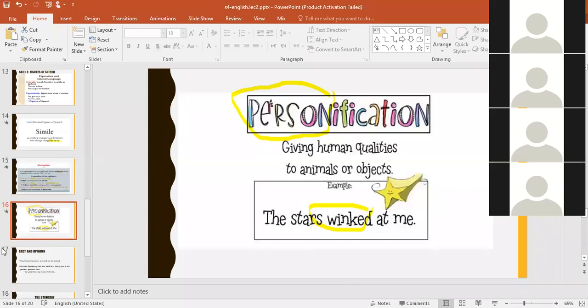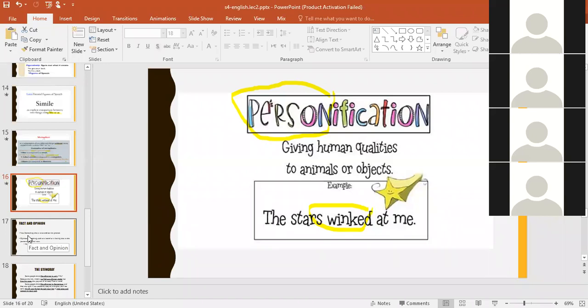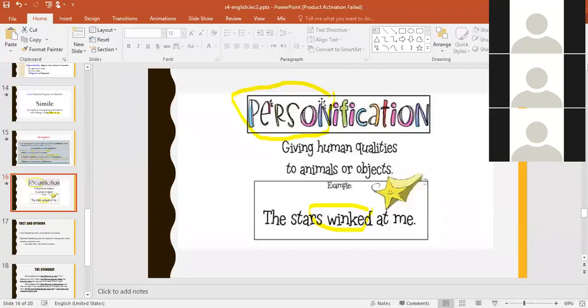So personification is when I give a human quality to animals or objects. You can already know from the word person in the word. It's very important that it's giving a human quality to animals and objects.